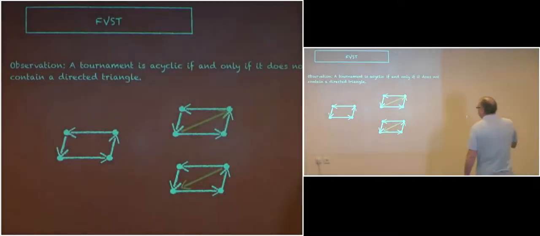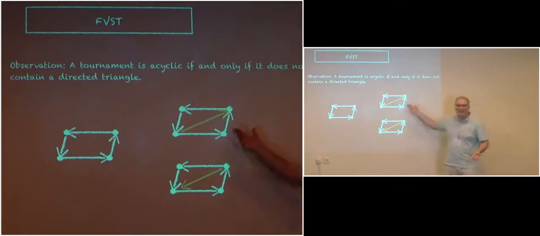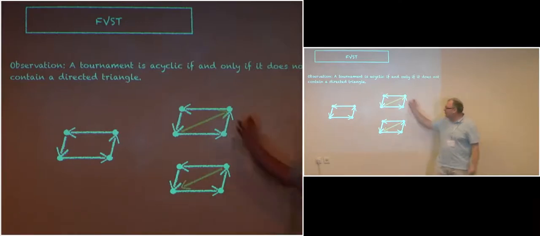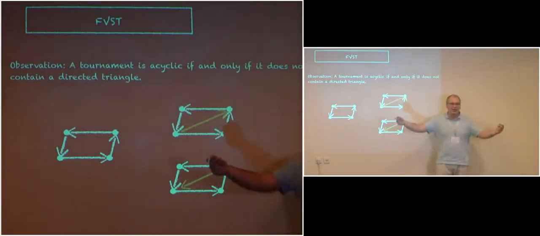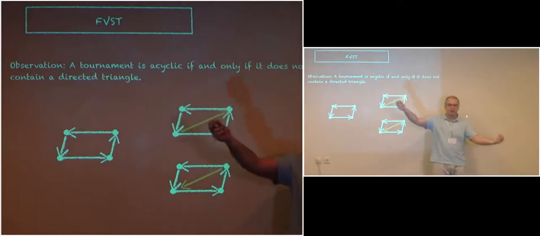Okay, so the main observation here, which is sufficient for the algorithm, is the following. My tournament is acyclic if and only if it doesn't contain a directed triangle. The proof is by example. Suppose I have a directed cycle there. Because it's a tournament, every pair of vertices should be adjacent.